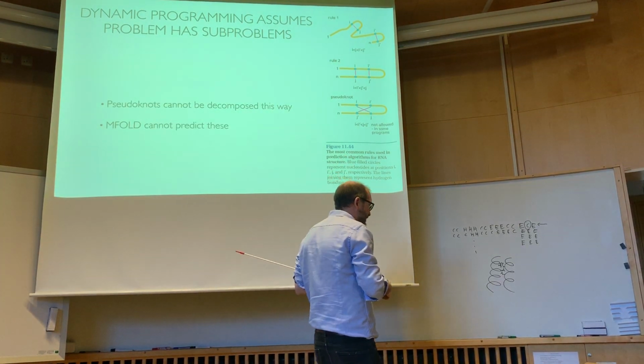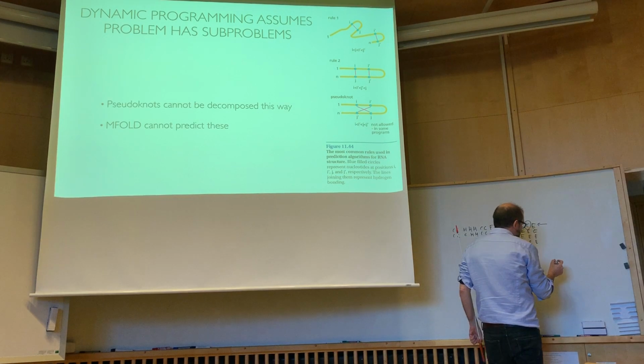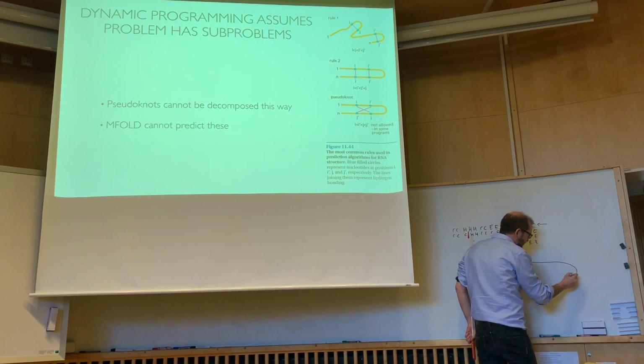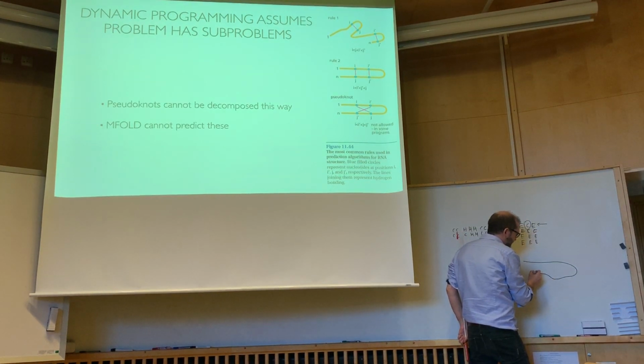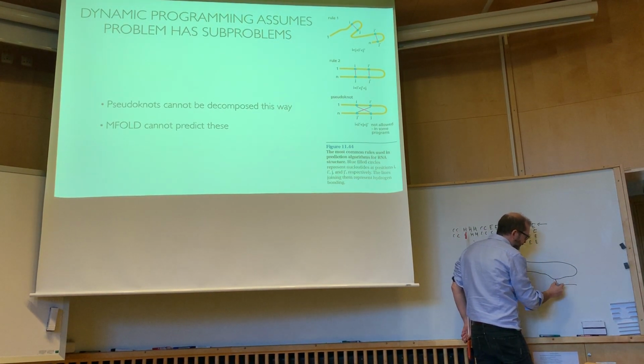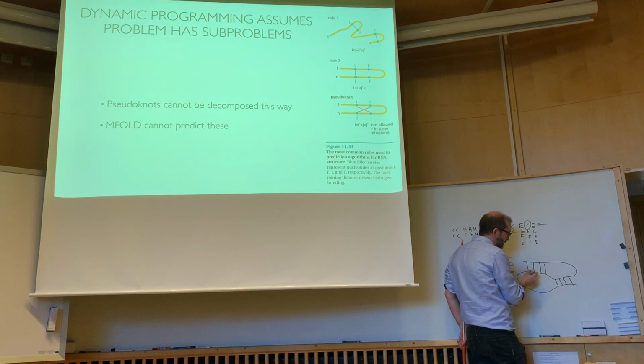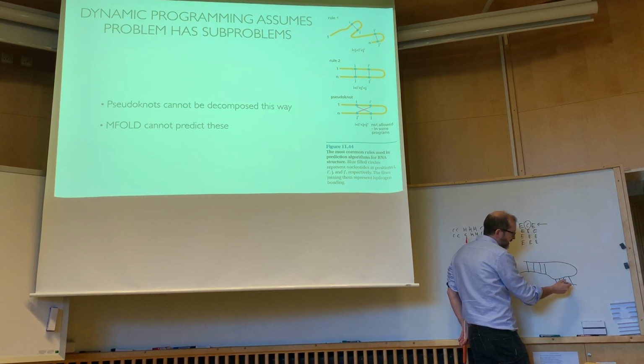A pseudoknot is such a case. A pseudoknot can look something like this, right? This thing switches back on itself and makes a hairpin, but then it goes on and makes a hairpin with the loop.